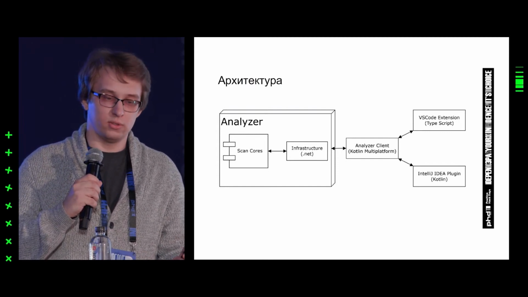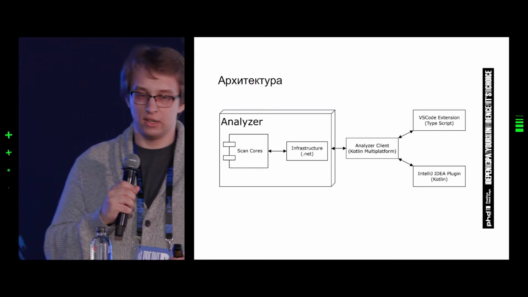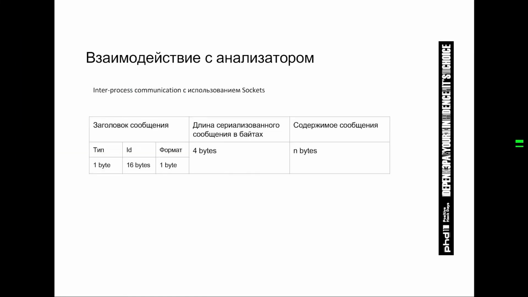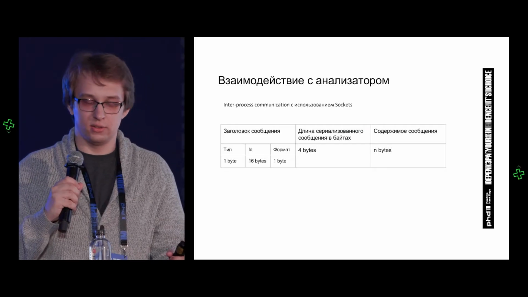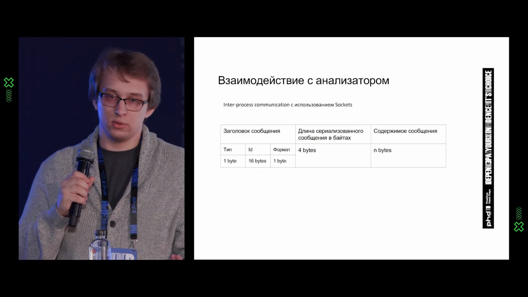The .NET app is launched as a sub-process, and it deals with the plugins through the socket transfer. Let's have a look at the message we exchange between the plugins and the backend, the analyzer.